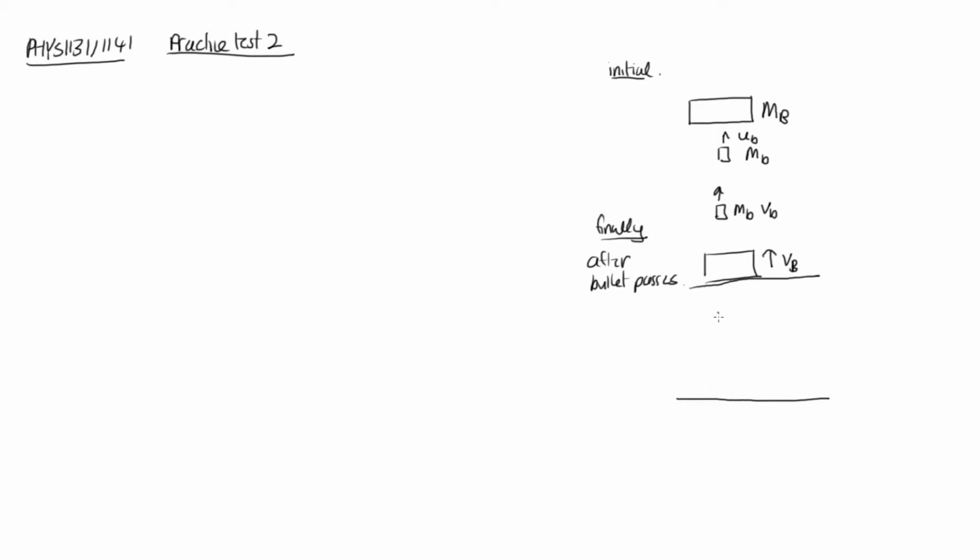And it's going to get to some maximum height here where it's going to have V block equals 0. And that'll be our finally. Okay, so there's two things that we're going to have to consider here. We're going to have to consider the collision, and then we'll need to consider what happens to the block after the collision. So let's start with the collision.